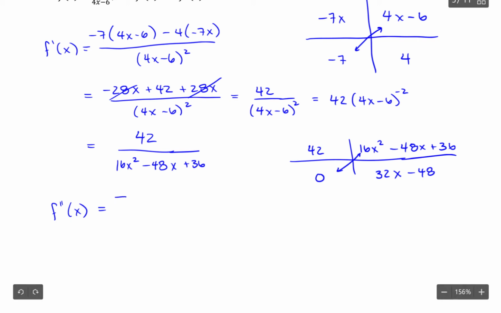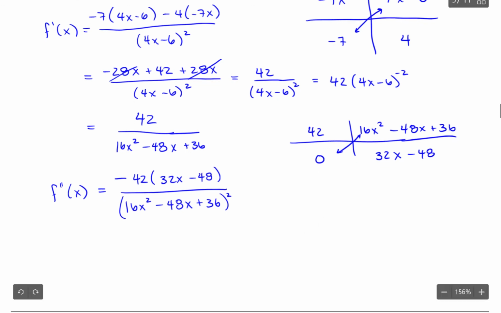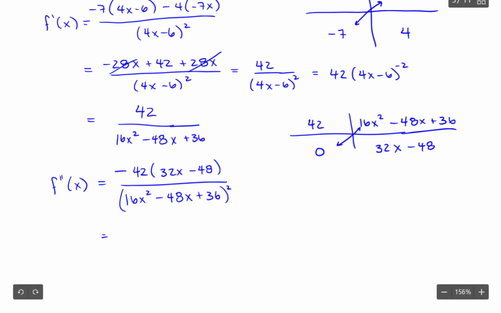So this is effectively 0 minus, so there's a negative here, 42 times 32x minus 48, all over 16x squared minus 48x plus 36 quantity squared. And because we happen to know that that factors right back into 4x minus 6 quantity squared, you really could do some more simplification here.